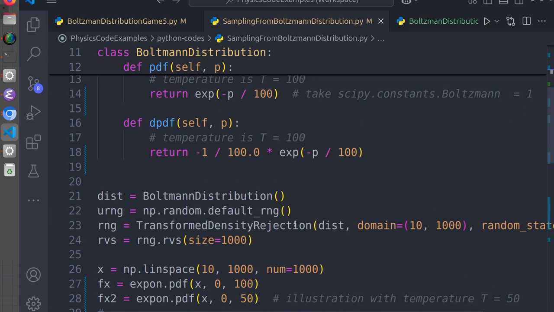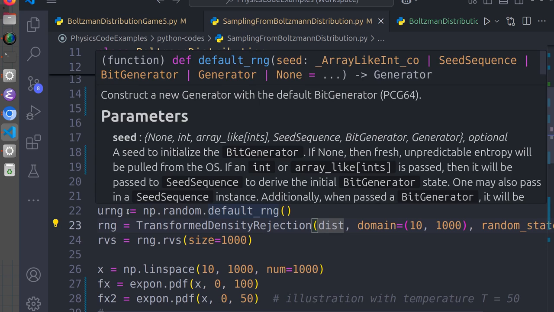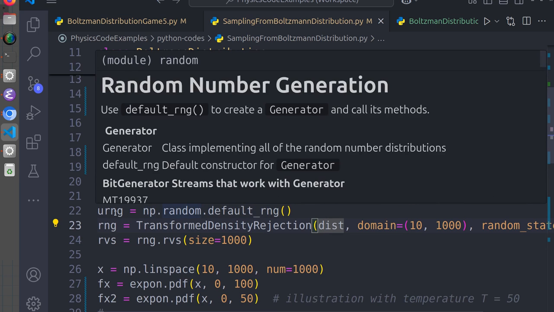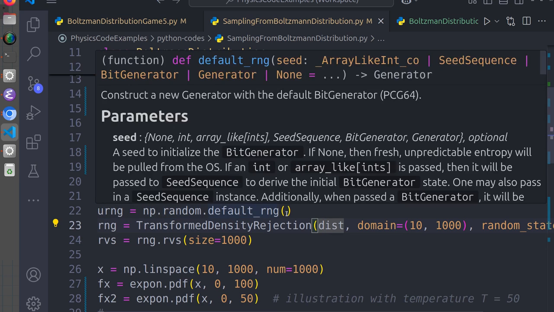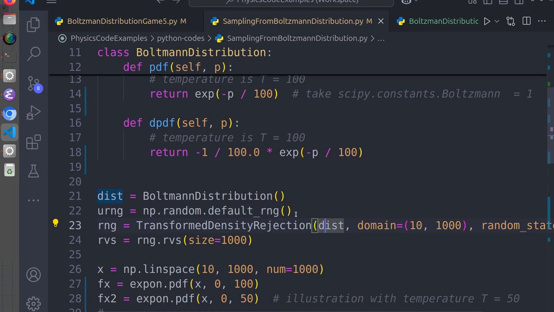You can see it requires a distribution, and the distribution is generated here. It's the Boltzmann distribution.